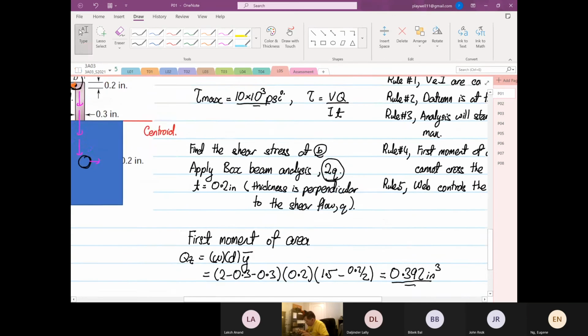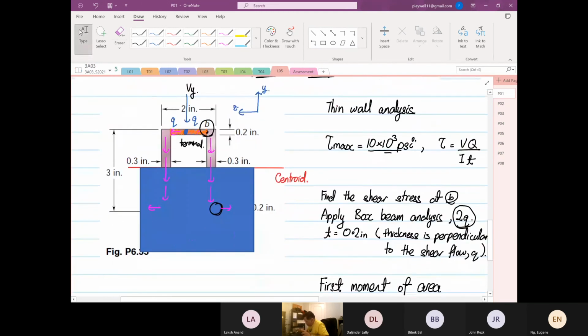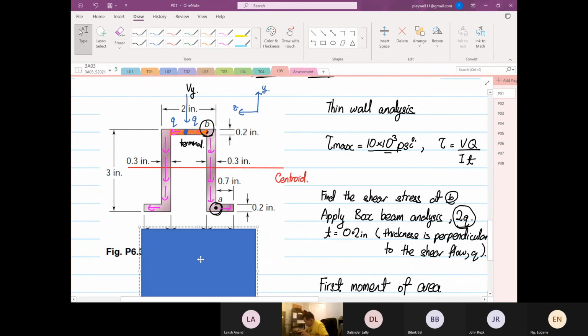And then, you know what the interesting part is? This question specifies that the maximum shearing stress is 10 ksi, and to find the stresses at point A and point B. At this stage, if I review the full diagram, where is the location of the maximum shearing stress?